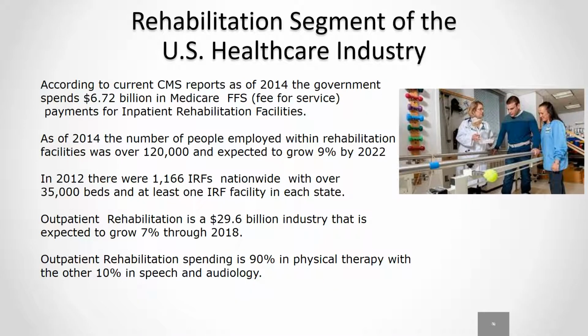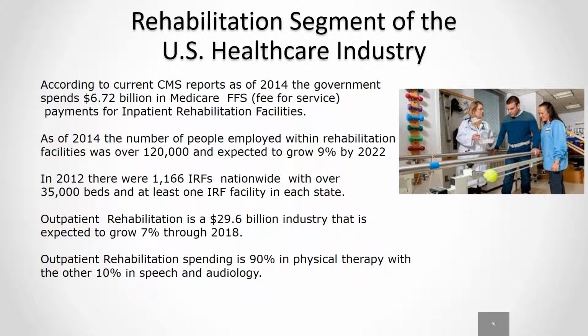The rehabilitation facility segment of the U.S. healthcare industry has the following numbers of patients and employees that impact this part of the healthcare industry. According to current CMS reports as of 2014, the government spends $6.72 billion in Medicare FFS payments for inpatient rehabilitation facilities.